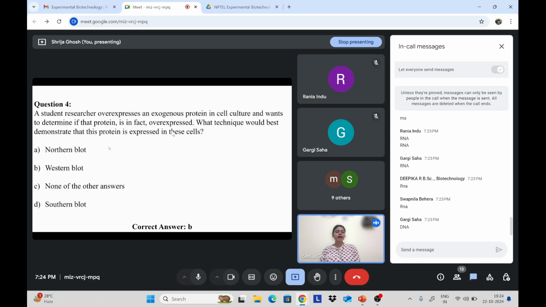First we'll blot the gel onto a membrane and then we'll bind the antibodies onto the membrane. Wherever our protein of interest is present, the antibodies will bind. Then we'll detect that antibody by using a secondary antibody that will give some kind of color, and then we can see whether our protein of interest is expressed or not. Okay, so that is the Western blot technique. Does anybody have any doubt in this technique?